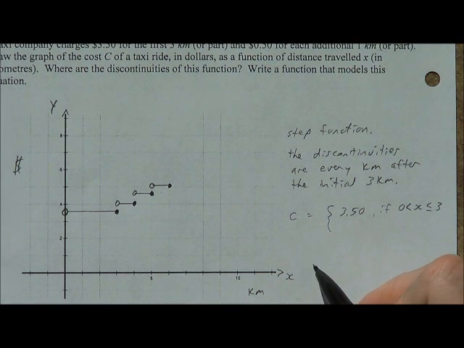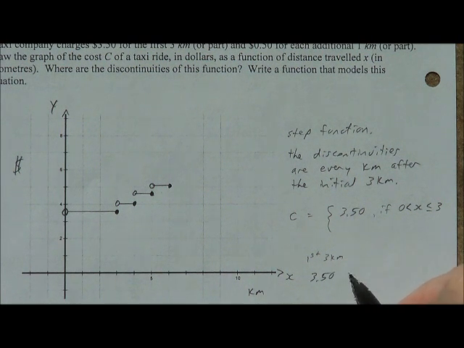So for the first 3 kilometers, we're being charged $3.50. Then we're adding on to that 0.5 for every kilometer. However, we can't recharge for all of the first initial 3 kilometers, so we need to subtract off those 3 that have already been charged.